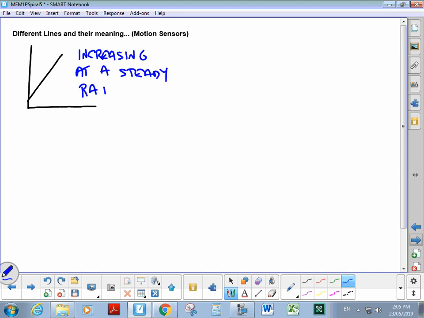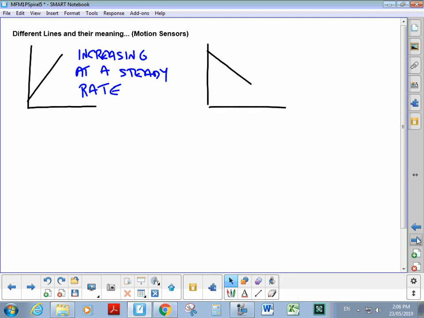Something is increasing at a steady rate, which means the partner to this would be a graph that looks like this. When we've done lines of best fit, we talked about positive relationships and negative relationships. Positive relationships occur when the y value is increasing.